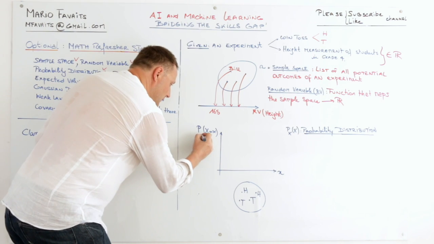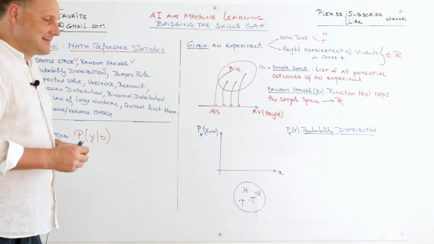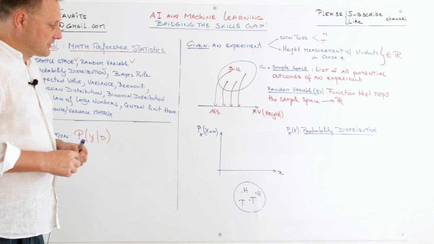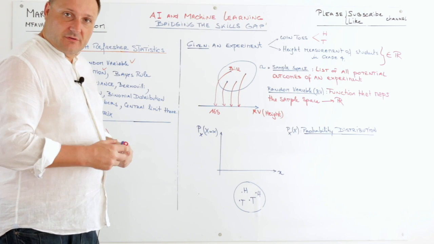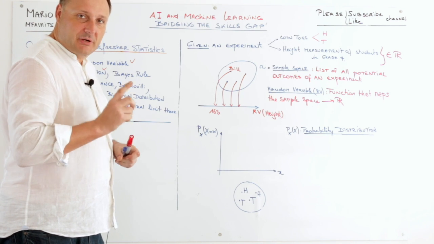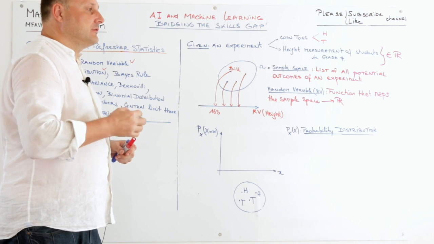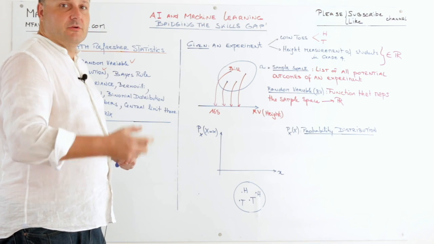Yeah? So what is the probability distribution? Basically, it's a mathematical function that gives you the probability of occurrence of all the possible outcomes of your experiment.